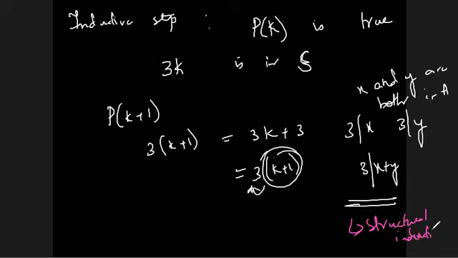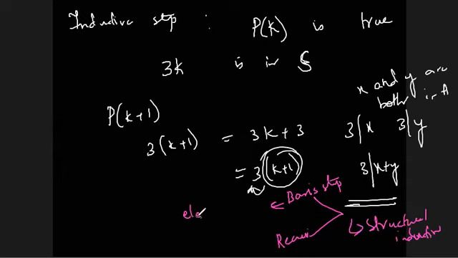So this structural induction proof consists of two parts. In mathematical induction, we had a basis step and an inductive step. In this case, we will have a basis step and a recursive step. In the basis step, we will show that the result holds for the elements which are in the set already. We were showing that the result was true for 3.